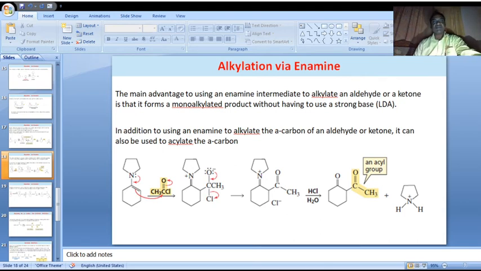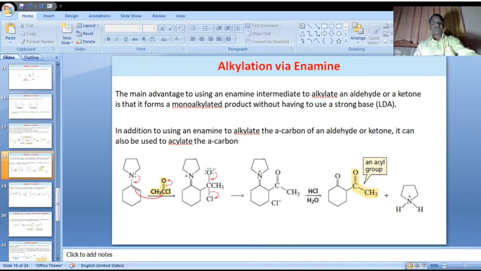The main advantage of using an enamine intermediate to alkylate an aldehyde or a ketone is that it forms a monoalkylated product without having to use a strong base, that is LDA.